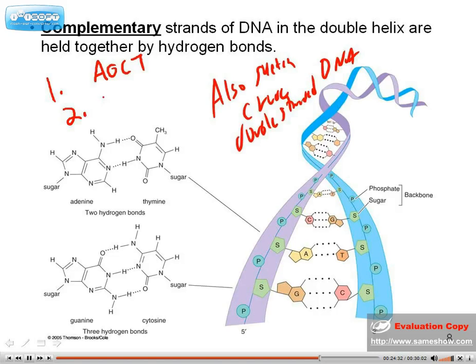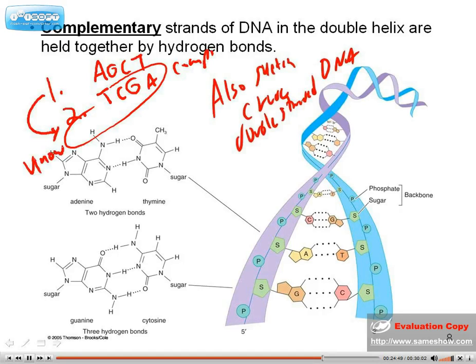In this case, the complementary strand would be T, C, G, A. So you would have to know how to predict the complementary strand, and it's very straightforward. A is always going to be hydrogen bonded to a T, and G will always be hydrogen bonded to a C.